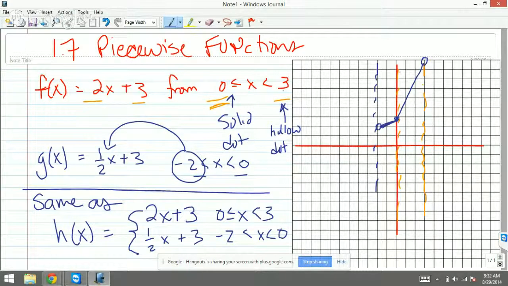Can you show us one with absolute value? Yeah, I will. Or greatest integer. I think, is that right? It's the greatest integer function.